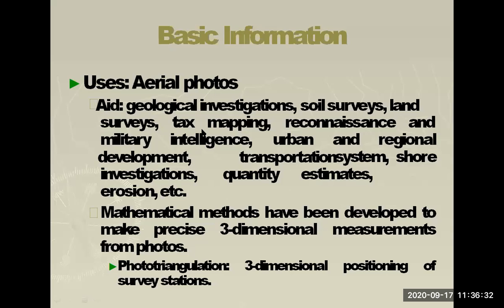These are some uses of photogrammetry: geological investigation, soil survey, land survey, reconnaissance and military intelligence, urban and regional development, transportation system, quantity estimate. This type of surveys we can do by using this photogrammetry.